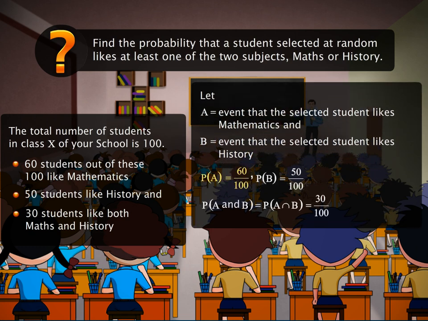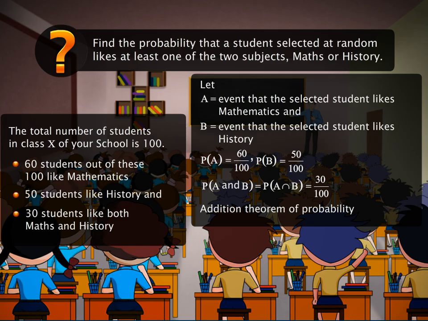Then, probability of A is equal to 60 upon 100 and probability of B is equal to 50 upon 100. Now, since 30 students like both maths and history, the probability of A and B, in other words, probability of A intersection B is equal to 30 upon 100.